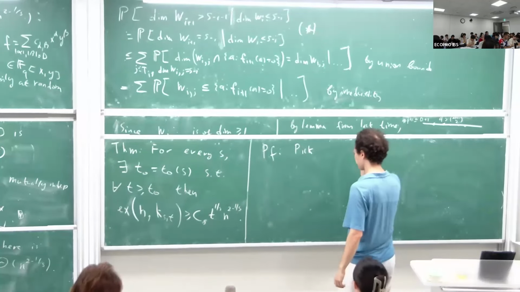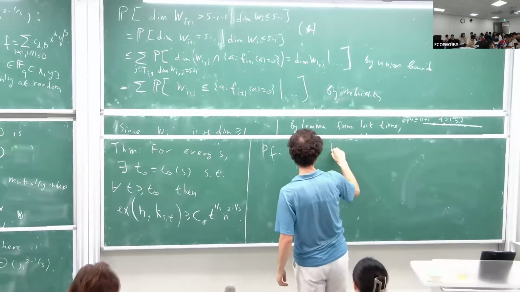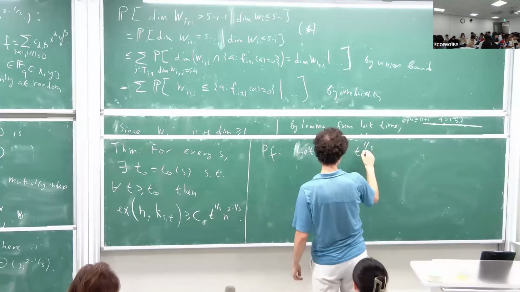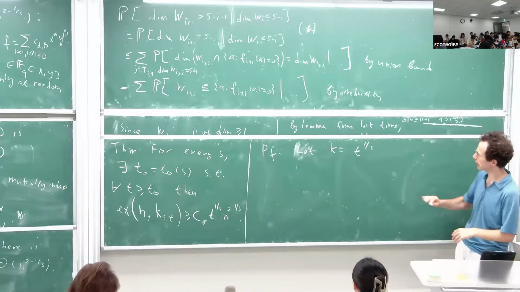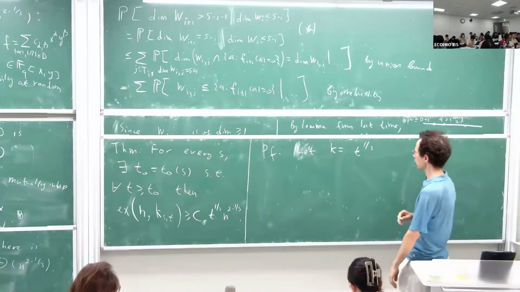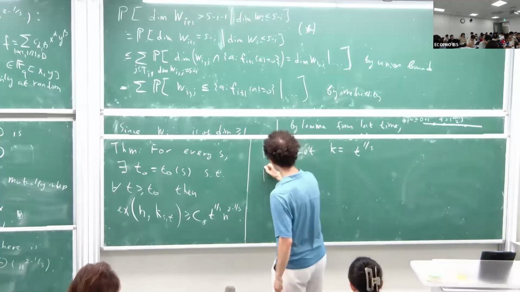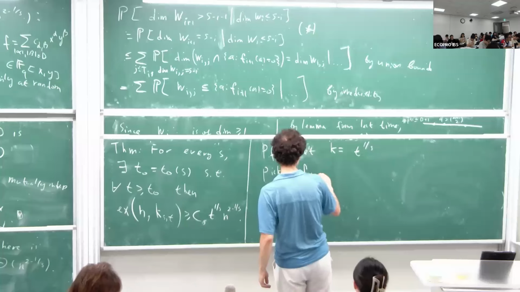So let's say K to be basically this. Again, I'm ignoring the floor sign; if you want to be pedantic, include the floor here. So let K be this, and we are going to pick K polynomials.